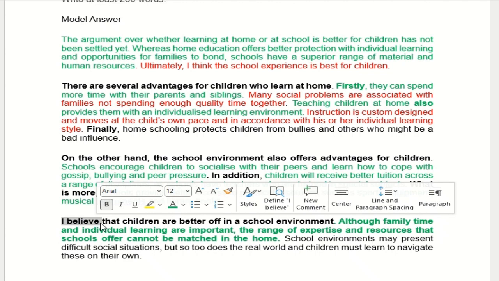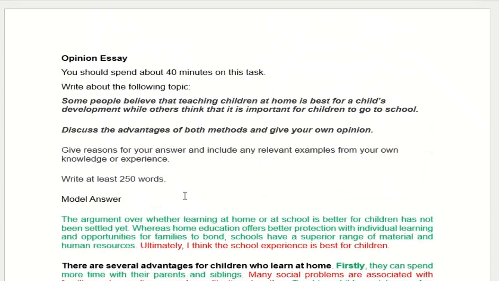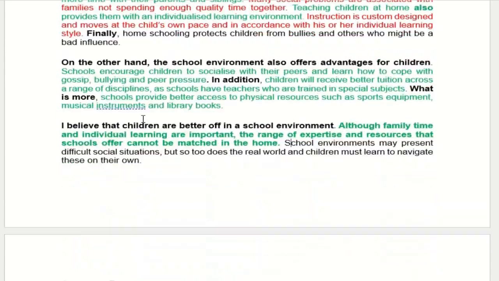You wouldn't write this in the conclusion of an academic writing. You would simply write it is clear that children are better off in a school environment. So you have seen this very example of a response to a question that expresses the writer's view on a topic. Now let's move to the next one very quickly.